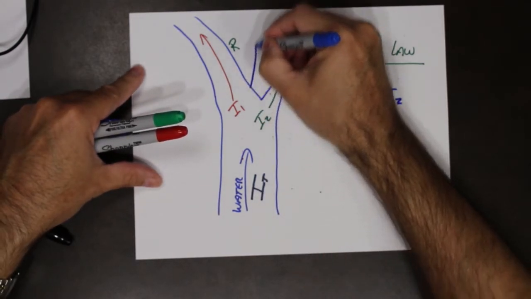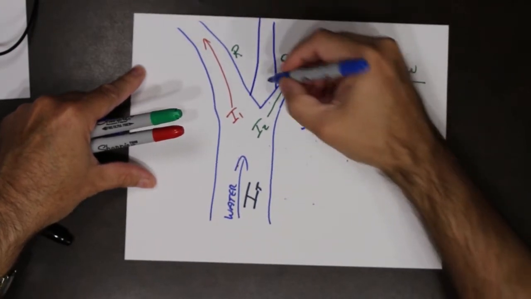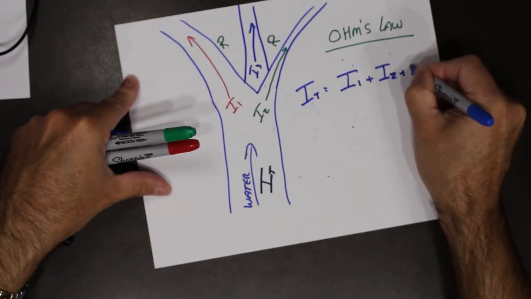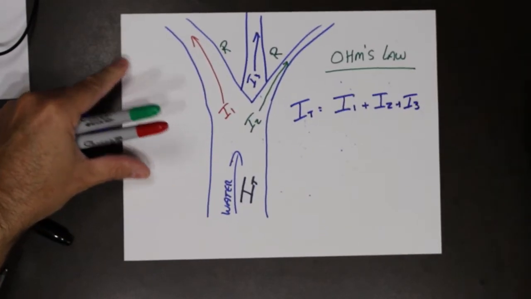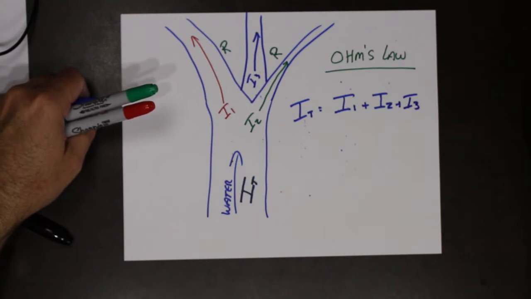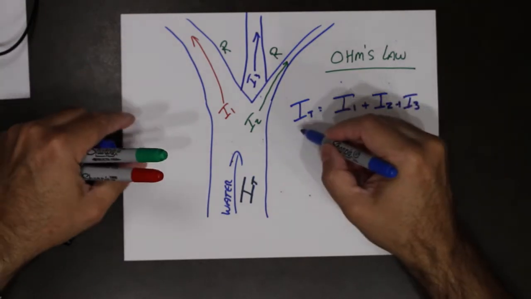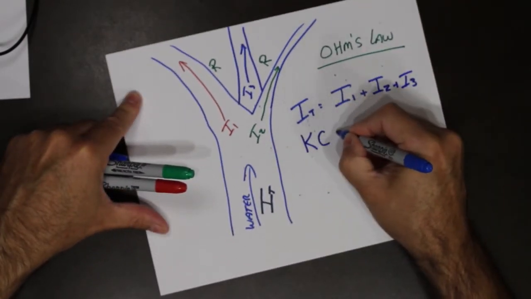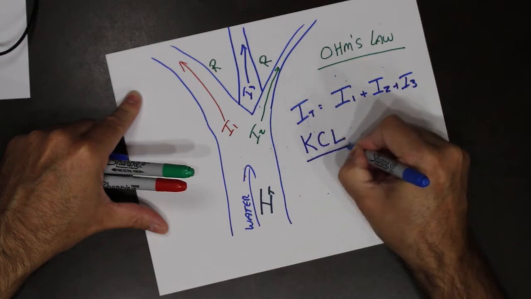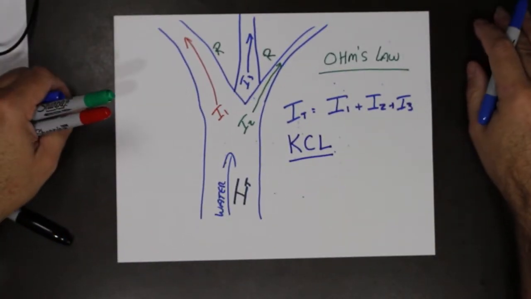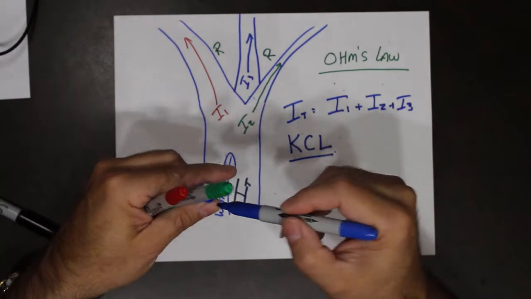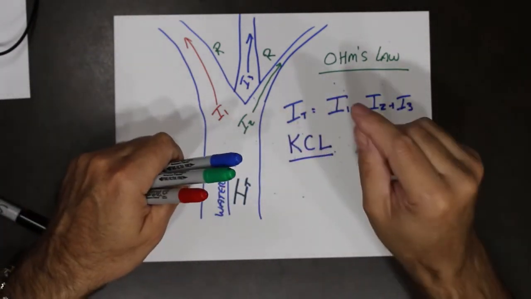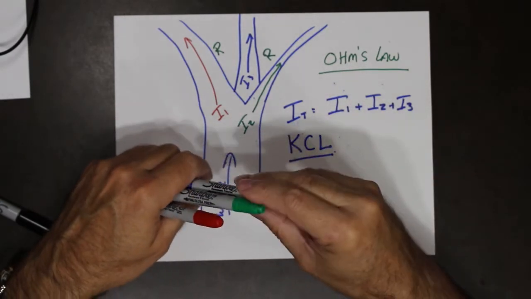If we added another branch, and we called it I3, and some of the water went down there, then I3. This rule is known as Kirchhoff's current law for parallel circuits. In our last discussion, we had Kirchhoff's voltage law for series circuits.